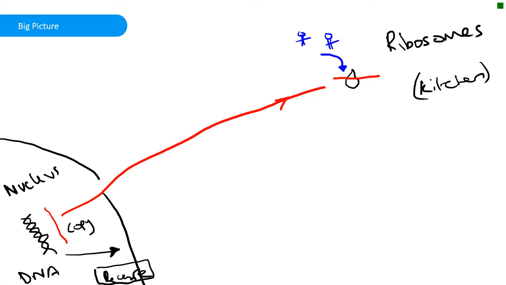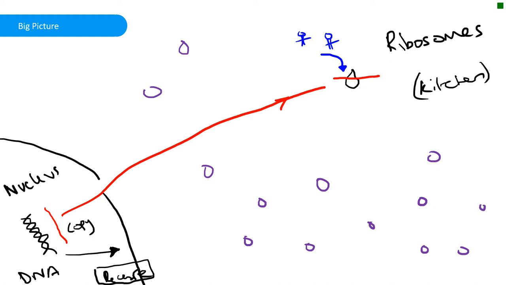What's really important is that the ingredients for our cake are floating all around the cell, in the cytoplasm.